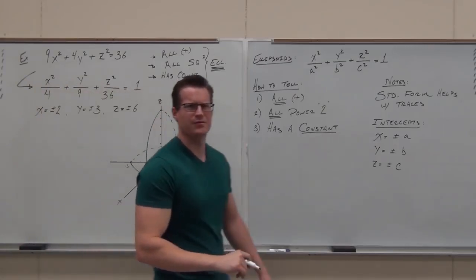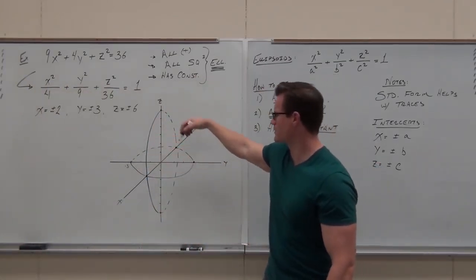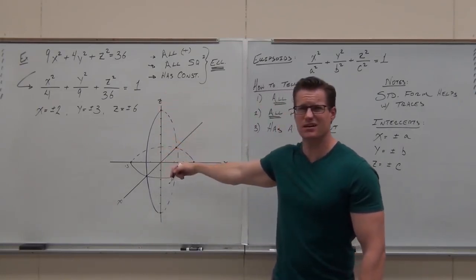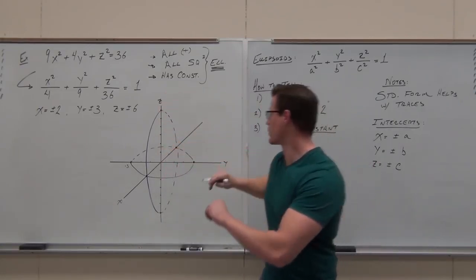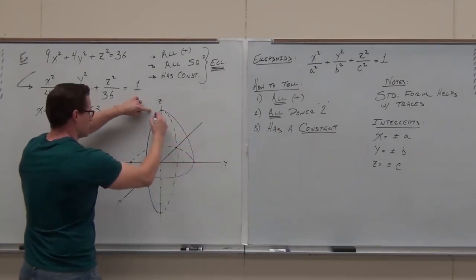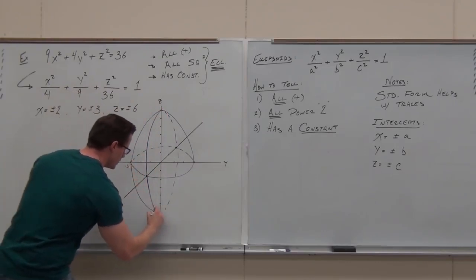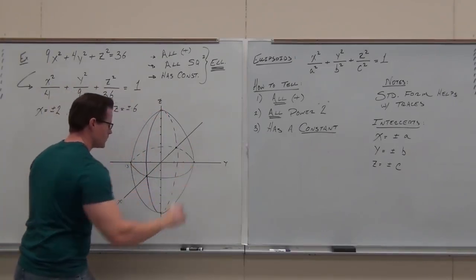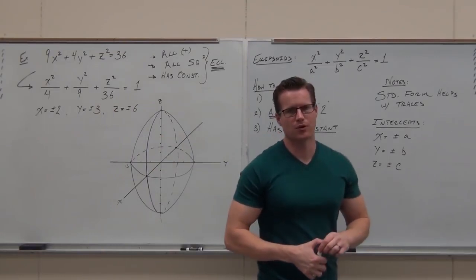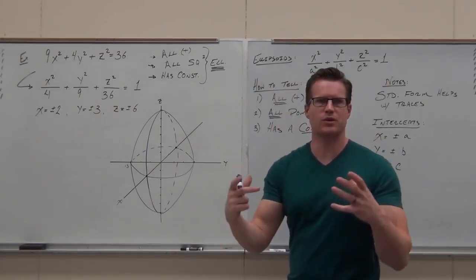What's the only other one that I have to do? I got the xy, I got the xz, I need the yz, the one right on the board. It's not perfect, but it's a pretty decent idea of what that ellipsoid actually looks like.